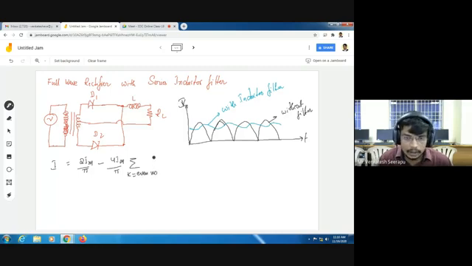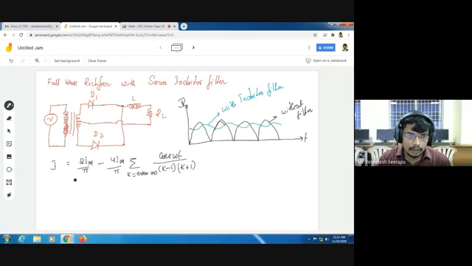And the formula is cos k omega t by (k minus 1) into (k plus 1). So it is the equation for the output waveform of a full wave rectifier with filter.